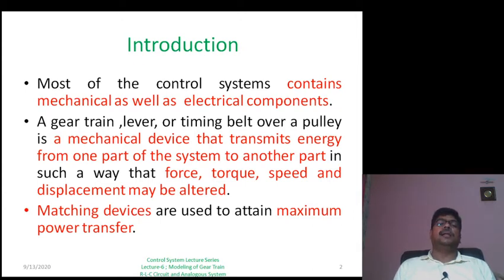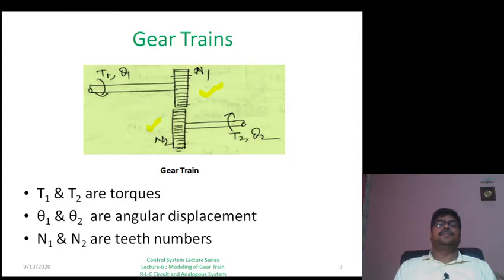That can be due to the arrangement of the gear train and pinion arrangement in the vehicle. So these are used to have a maximum power transfer using these matching devices.